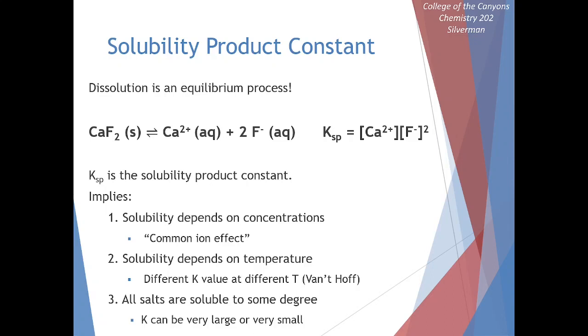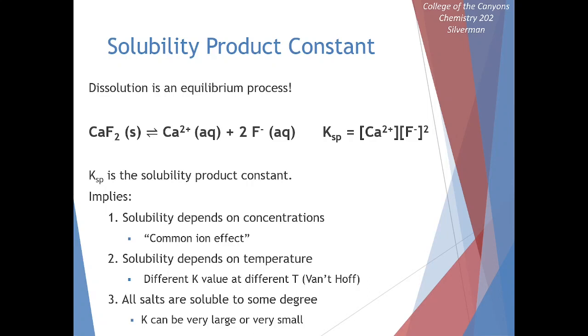We do our same strategy as before, products divided by reactants. And so in our example, we can see that our KSP has the form calcium ions times our fluoride ions squared because of the coefficients in our balanced reaction, because of the phases in our balanced reaction. Solids and liquids we omit from our KSP.